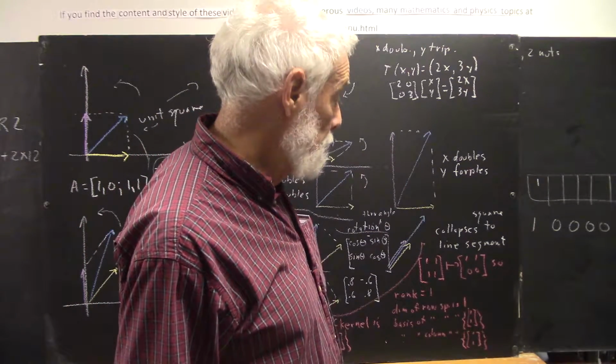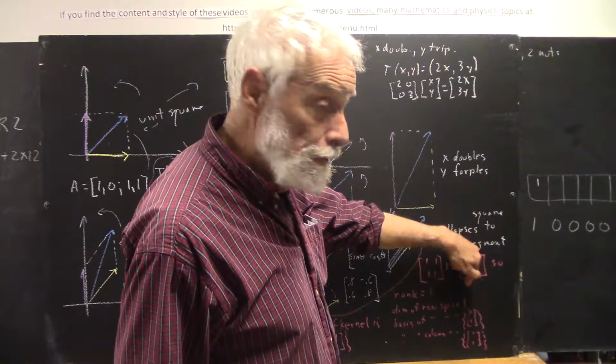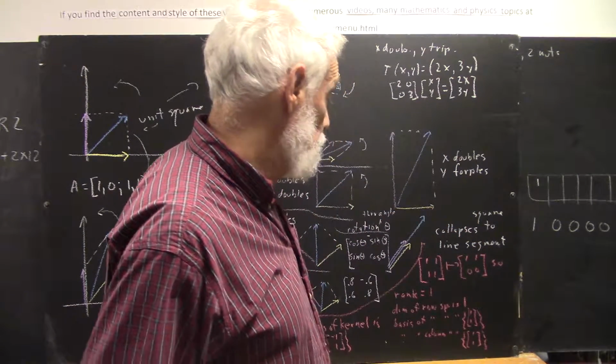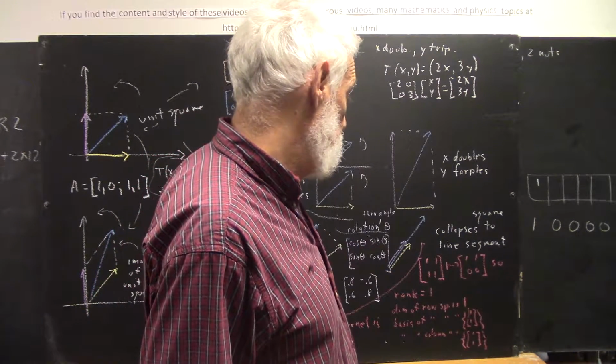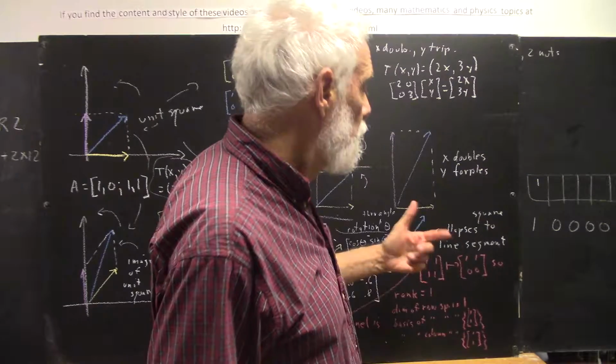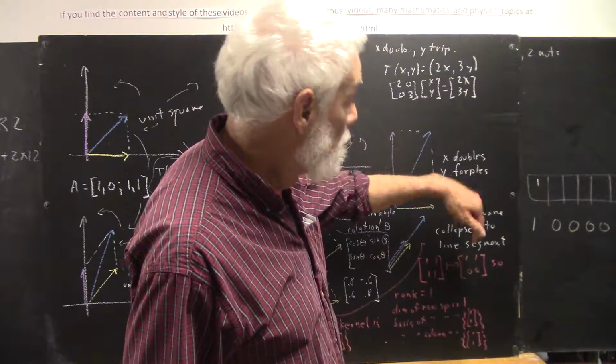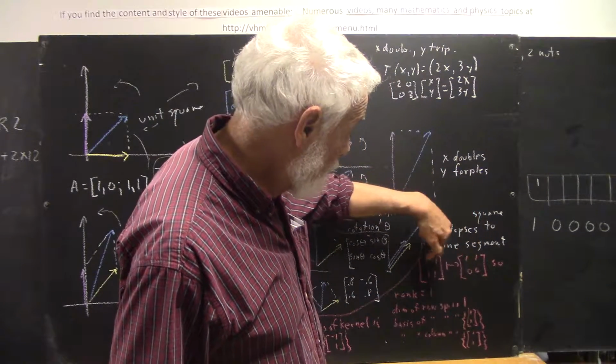The column space is spanned by 1, 0, and the row space is spanned by the vector 1, 1. Column space is spanned by the vector corresponding to this leading 1, and that vector is 1, 1.